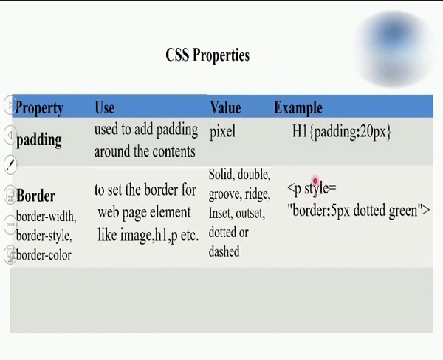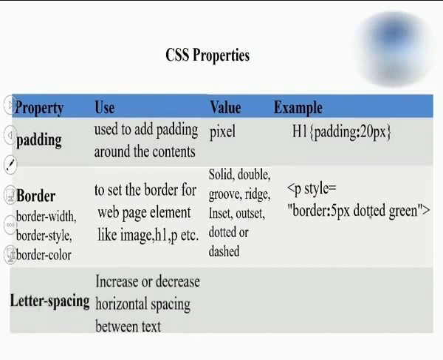Means, to specify it in the style, the border has 3 values. The first value is width, the second is its style, and the third is the color. So these 3 values you can specify at a time for the border. If I specify it like this, then I will get a dotted border having 5 pixel width.